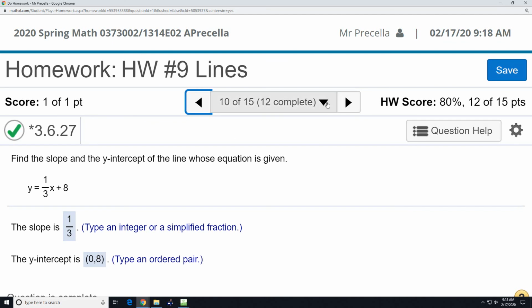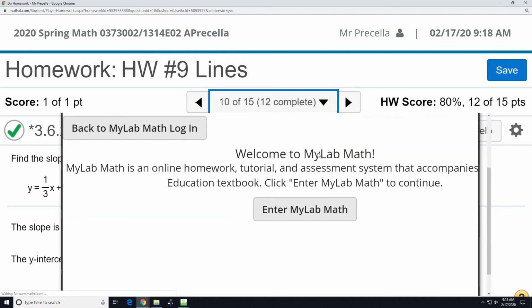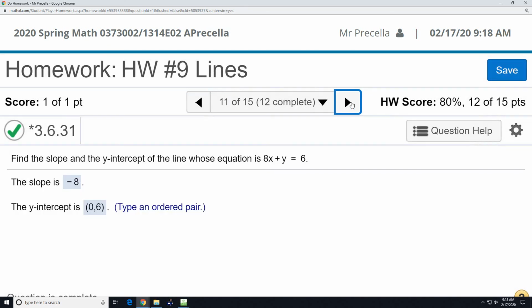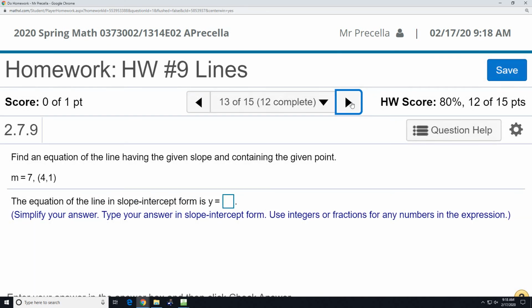What we're going to do on the last 3 problems, starting with number 13, we're actually going to have to find an equation of the line having the given slope and containing the given point.